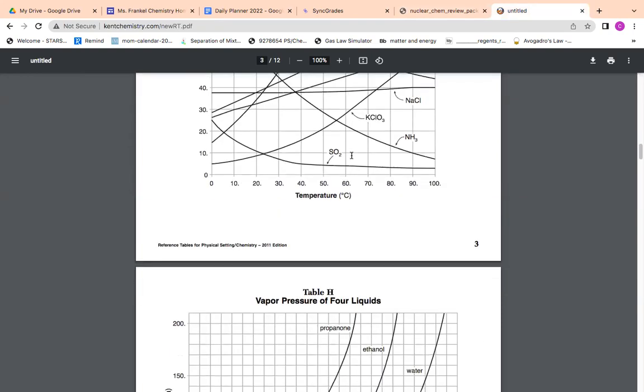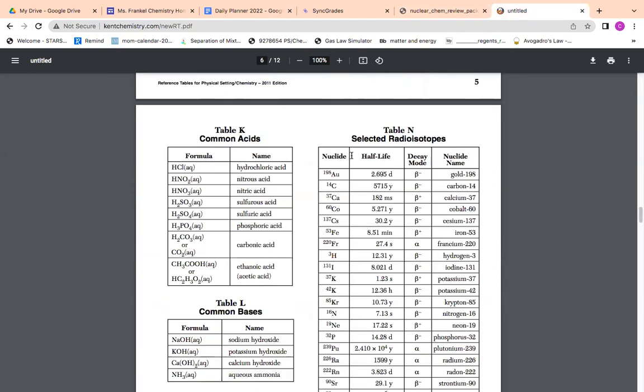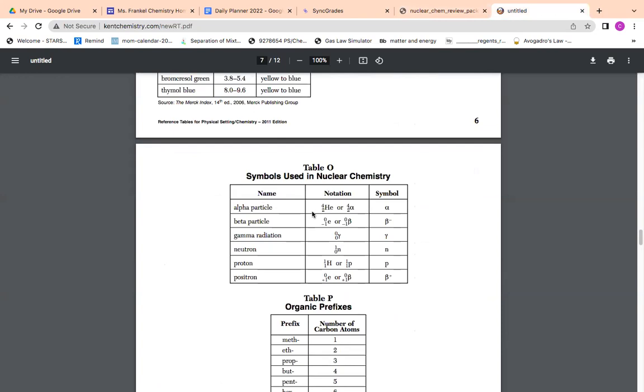So if you look at table O, all of your particles are listed for you. And they're actually in order, basically, of least to highest penetrating power, starting with alpha. So this is the least, and neutron is the highest. Beta is somewhat medium.